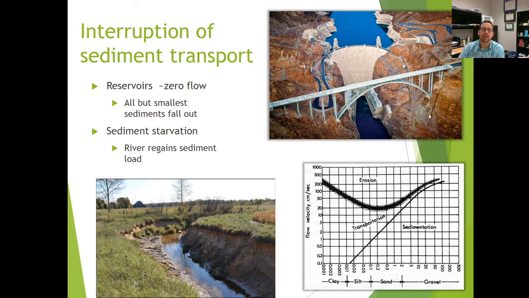So in dams, what we see is they really slow down that flow, so the water that's coming out here is really clean, well, I shouldn't say clean, but just clear of sediments. And what it can do is then it's called sediment starvation, and then it can really deepen the bed of the river, cut way down deep, down to the bedrock, and make the river not what it should be.